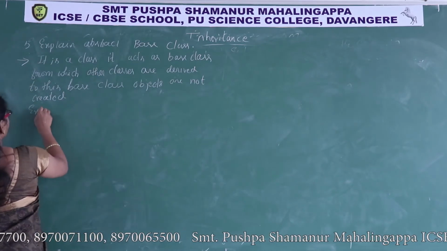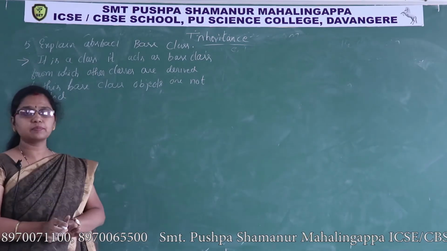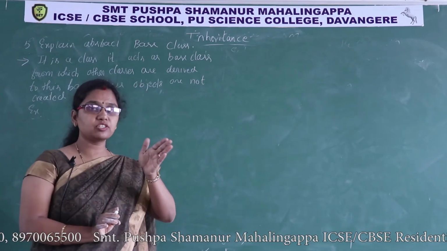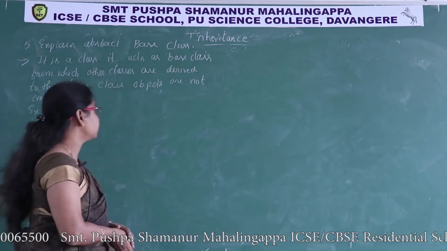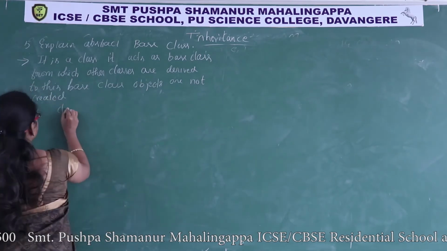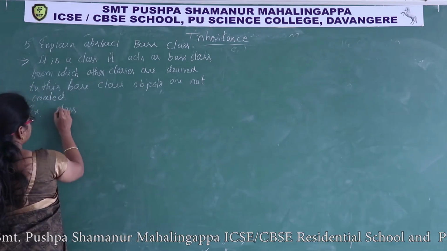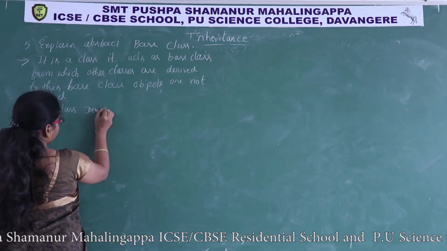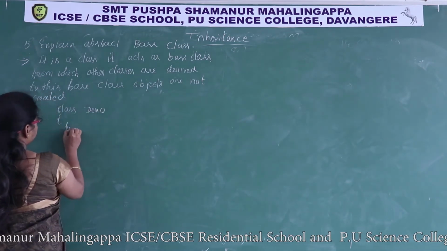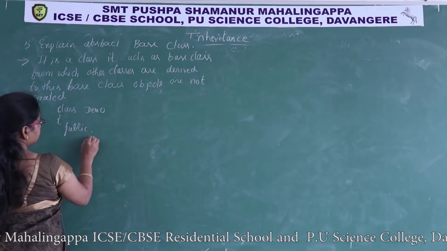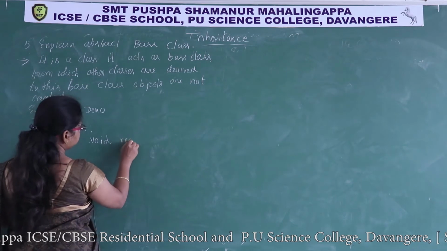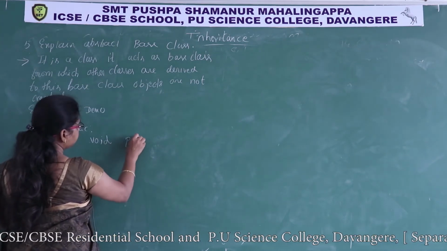Example, you can show single level inheritance, but at the end of the program you have to explain which is abstract class in the program. Class demo, I'll take demo, public void read, sorry, I'll take void print.